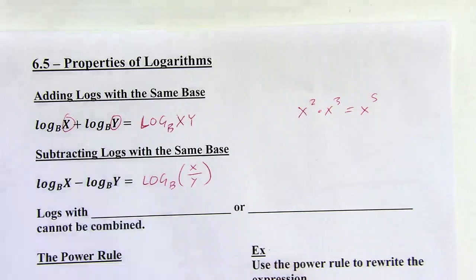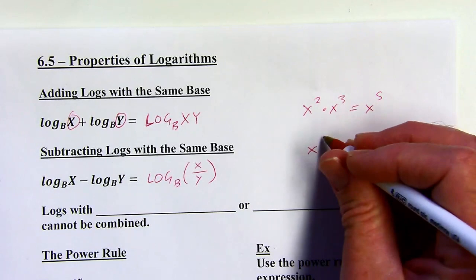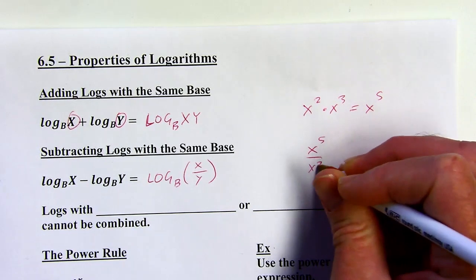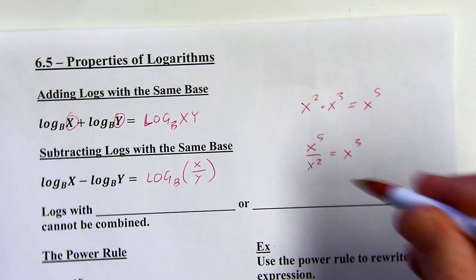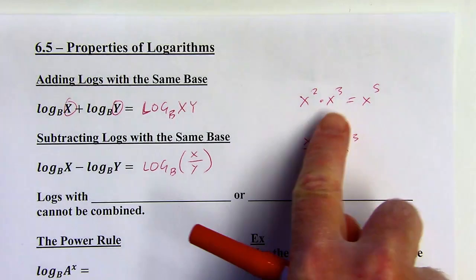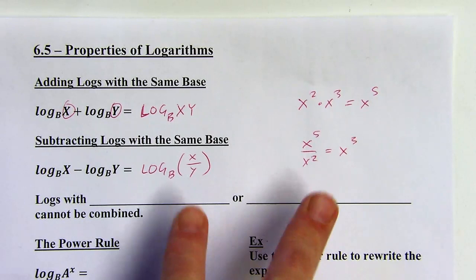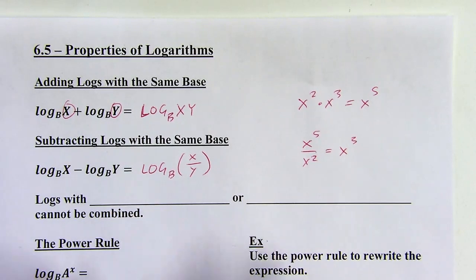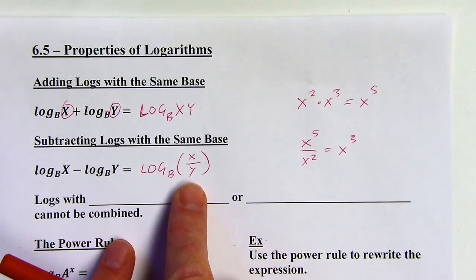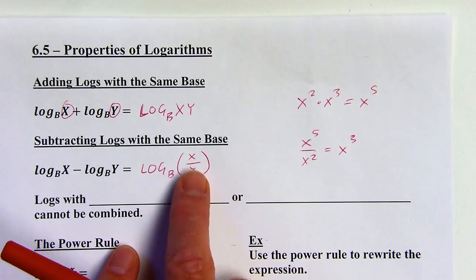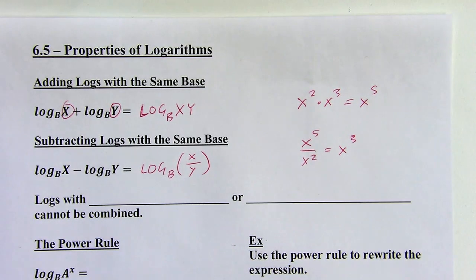That would give me x to the fifth. And if you are dividing with the same base, then you subtract the exponents. So the multiplication and the addition kind of go hand in hand, both with logs and with exponents like that. Same thing, subtraction and division go together like so. Okay, so I'm usually going to write this when we're dividing, I'll write that with a fraction.